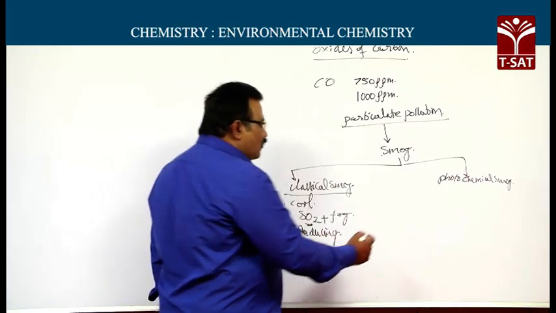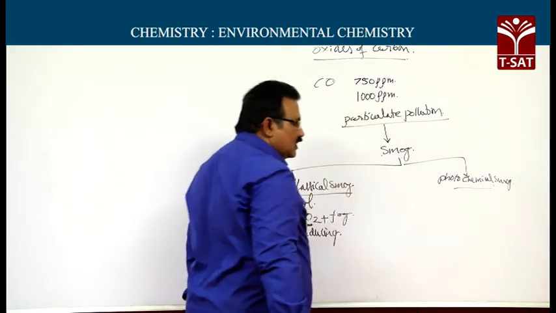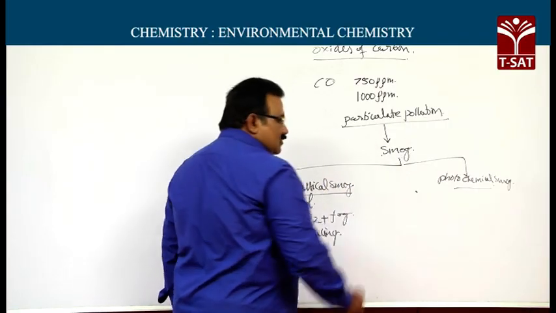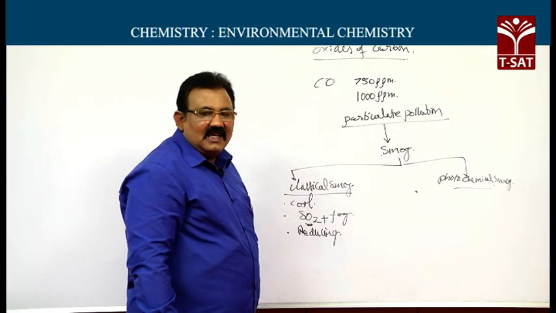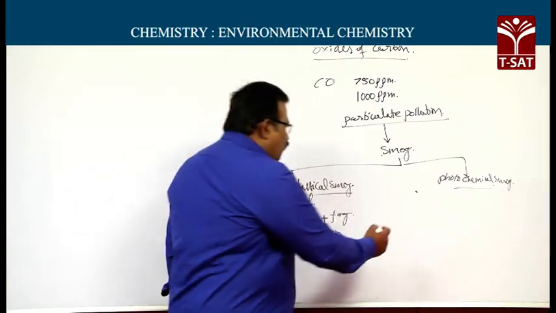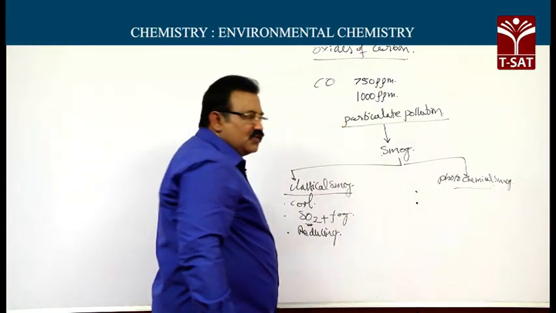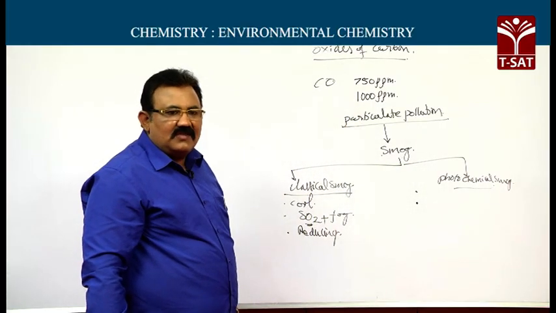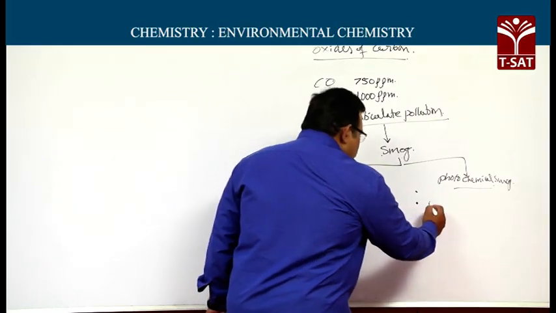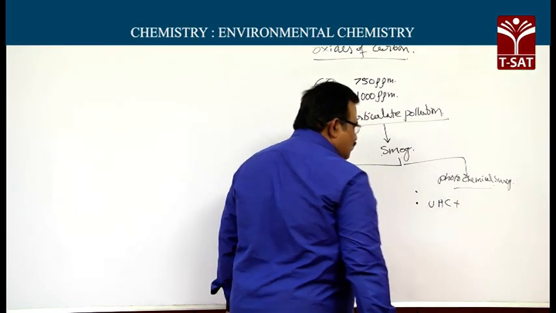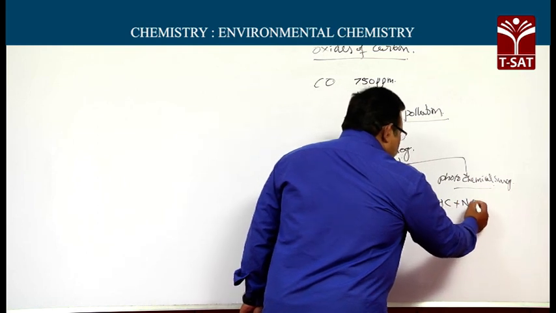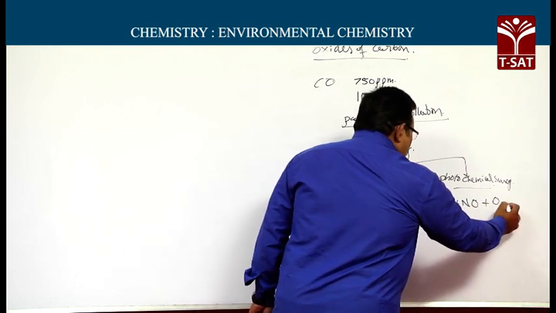Photochemical smog is formed in hot areas on a sunny hot day. Photochemical smog is formed because of unsaturated hydrocarbons, nitric oxide and ozone.